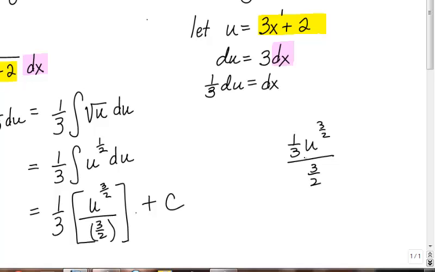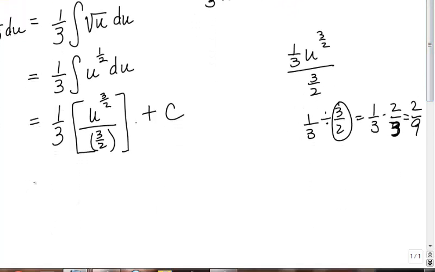So it's like 1/3 divided by 3/2. You have to invert that and multiply. So that'd be 2/9, right? You agree with that? 1/3 divided by 3/2 would be 2/9 u to the 3/2 power plus c.